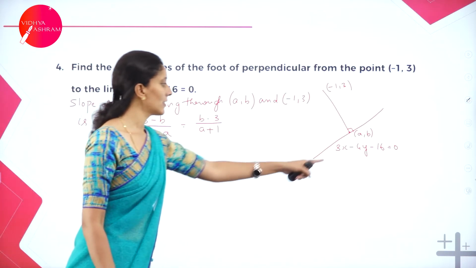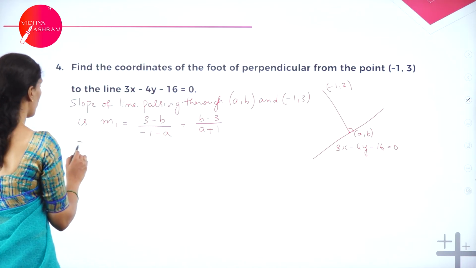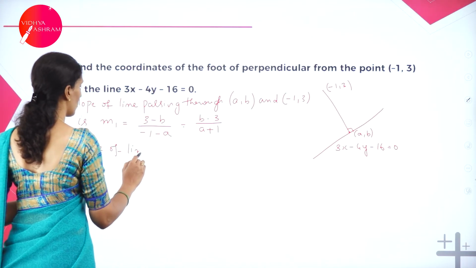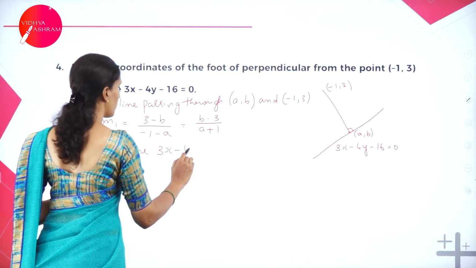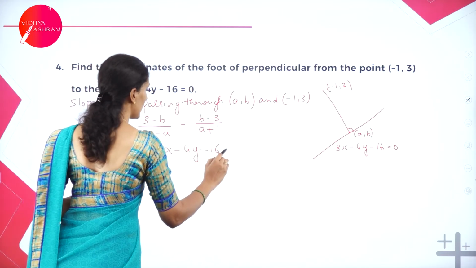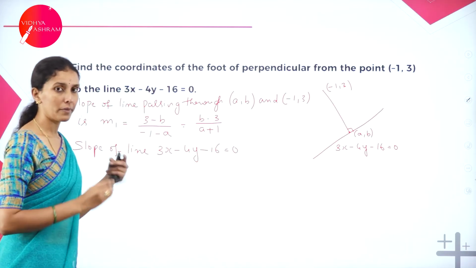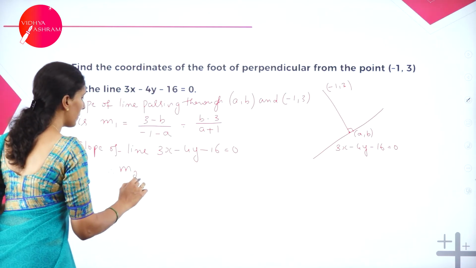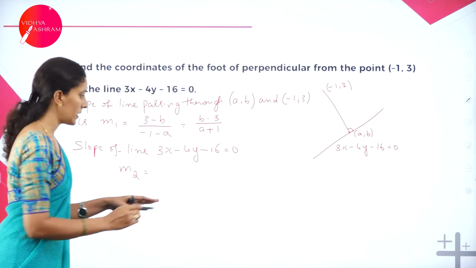Next, I'll calculate the slope of this line. Slope of the line 3x minus 4y minus 16 is equal to 0. This is in the general form ax plus by plus c. So therefore, m2 can be taken as minus a by b.